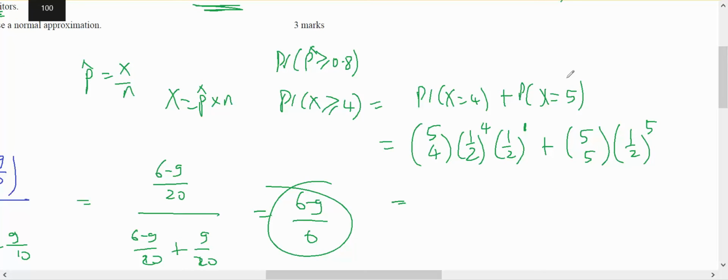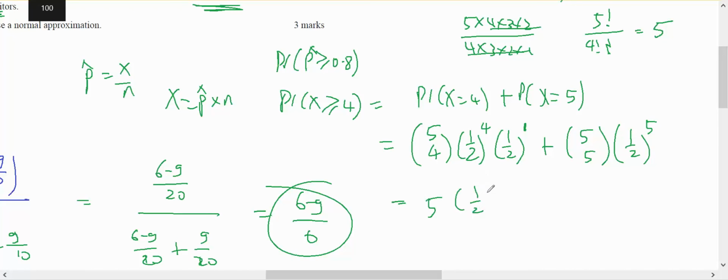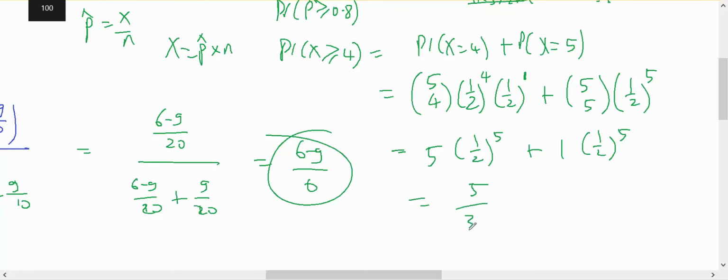Okay, so 5 choose 4 will be 5 factorial on 4 factorial 1 factorial, which equals 5 times 4 times 3 times 2 over 4 times 3 times 2 times 1, which is 5. So 5 times a half to the power of 5 plus 1 times a half to the power of 5, which is 5 on 32 plus 1 on 32, 6 on 32, which is 3 on 16. And that's question 6.